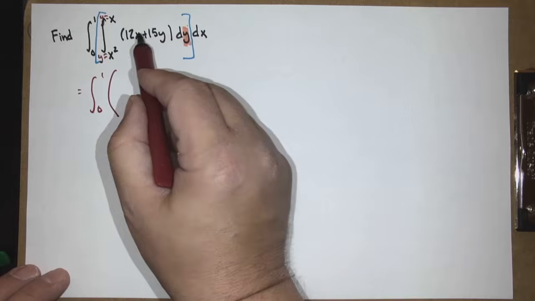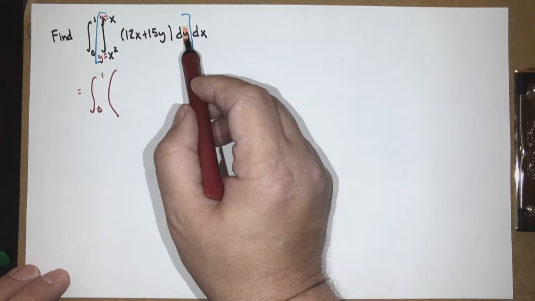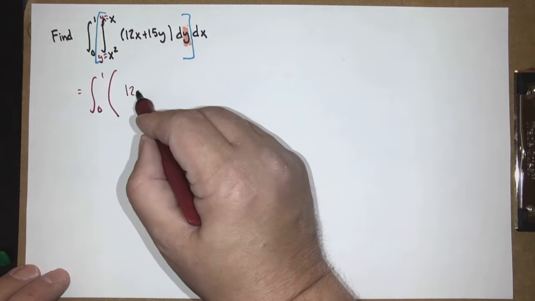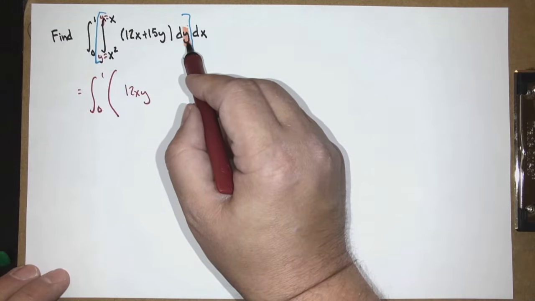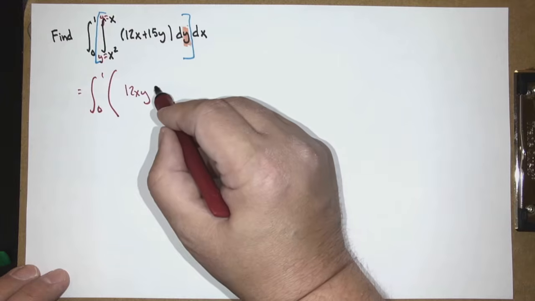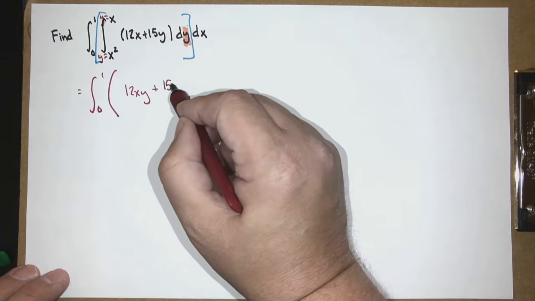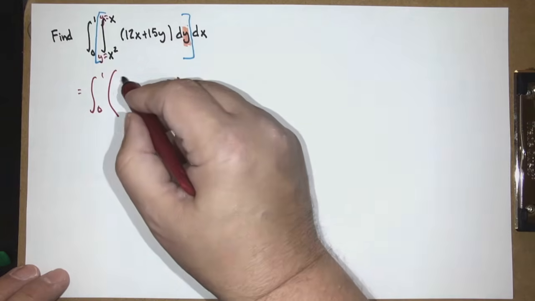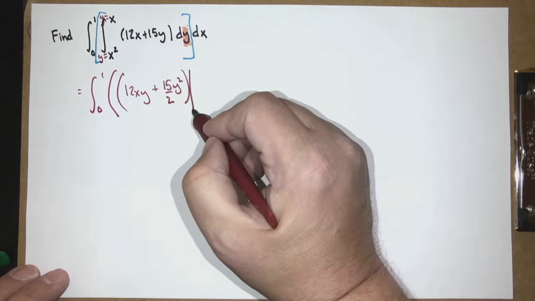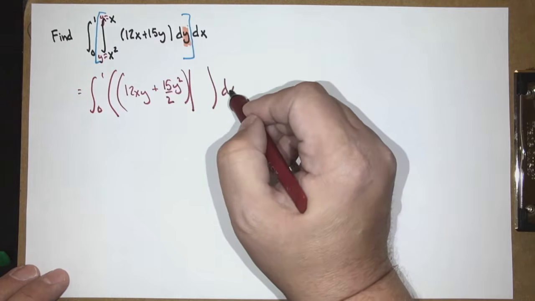What's the integral of 12x with respect to y? 12xy. What's the integral of 15y with respect to y? 15y squared over 2, or 15 halves y squared. Now, we're going to evaluate this, and then we're going to do our next layer.